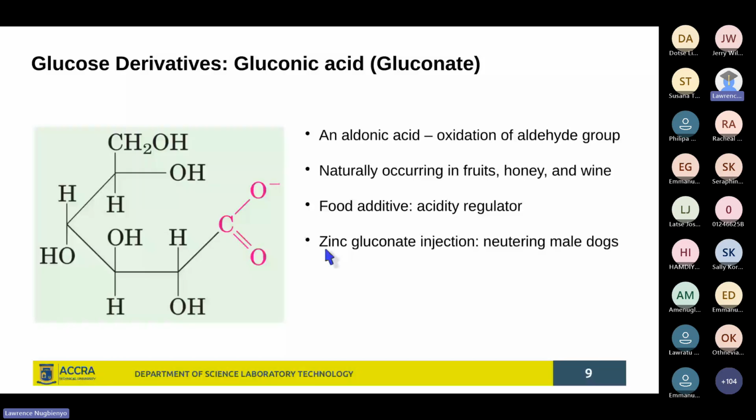If it's injected directly into the testes of these male dogs, that results in neutering, or what you refer to as a chemical castration of these male dogs.